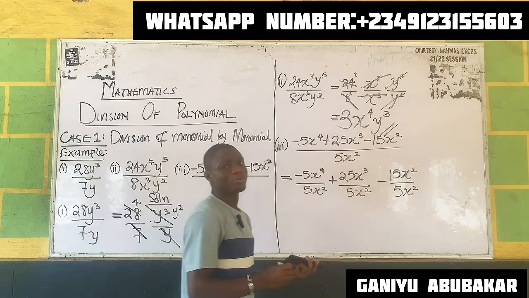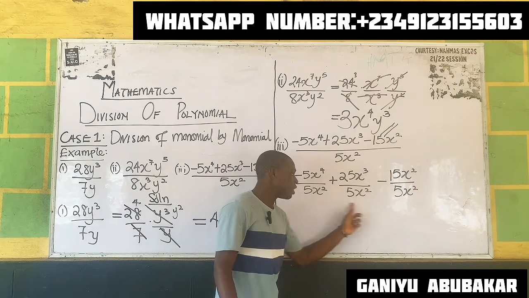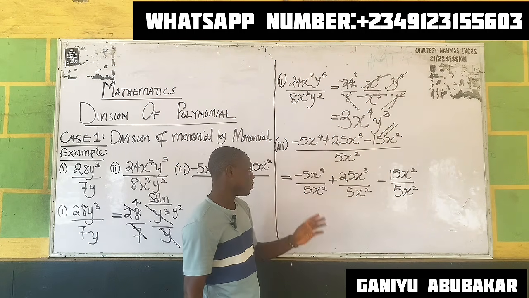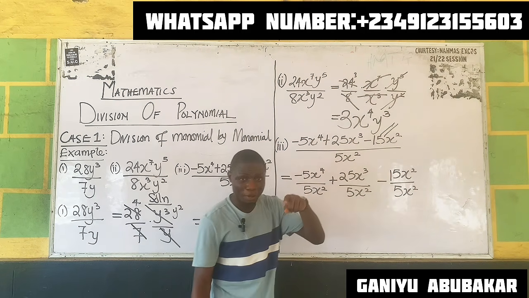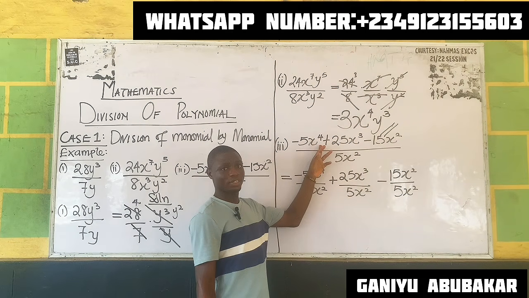What do you observe I'm doing? This is more like I'm reversing back. If I take the LCM here, I'll go back to this. If I take the LCM of these fractions, I will get back to where I started. So this is like the reverse of this.